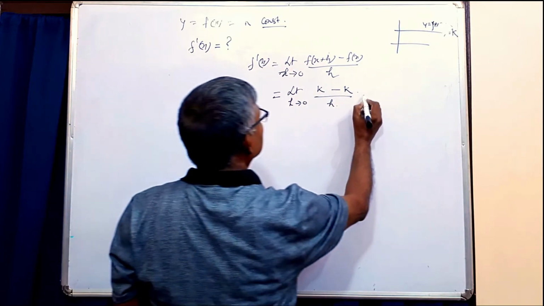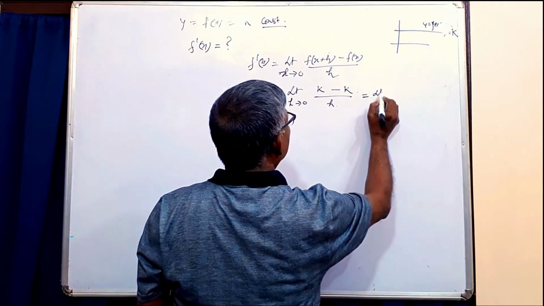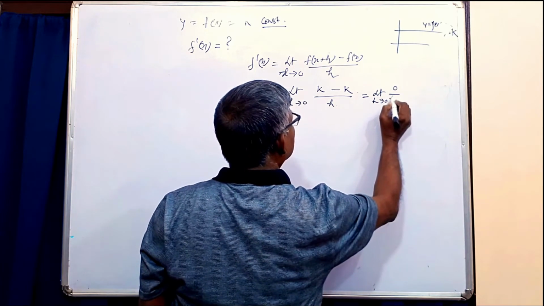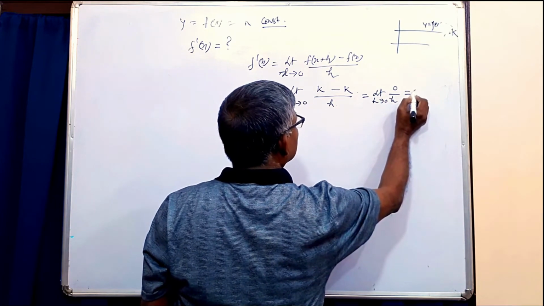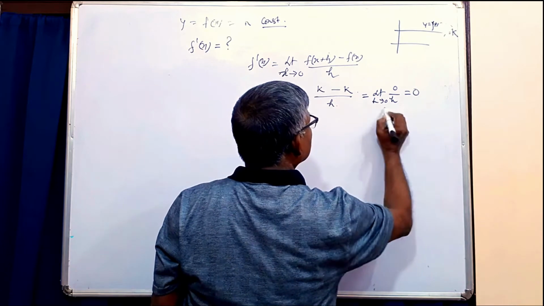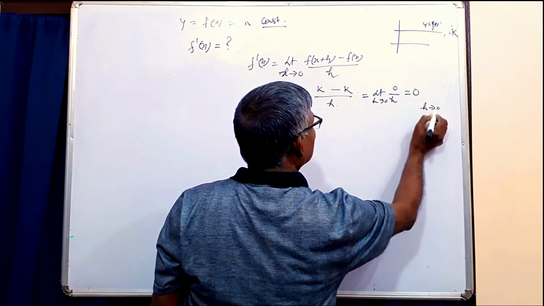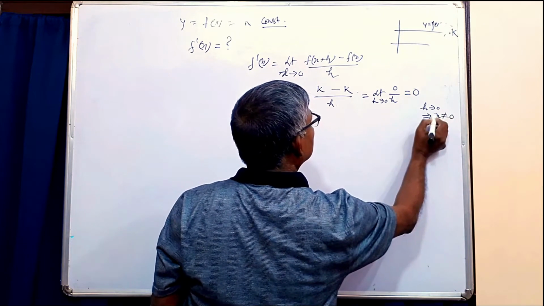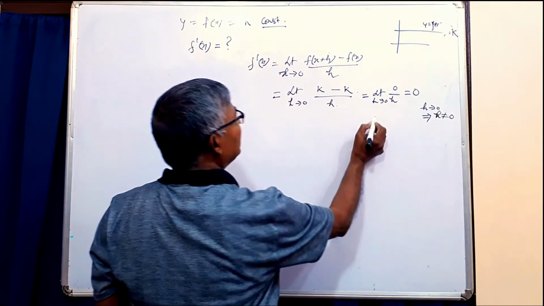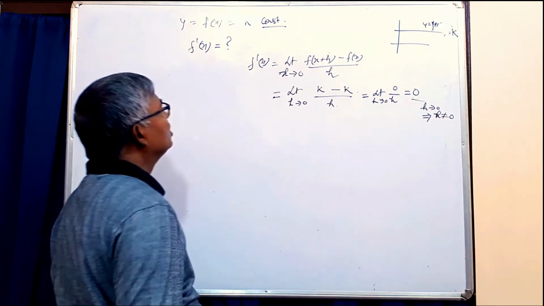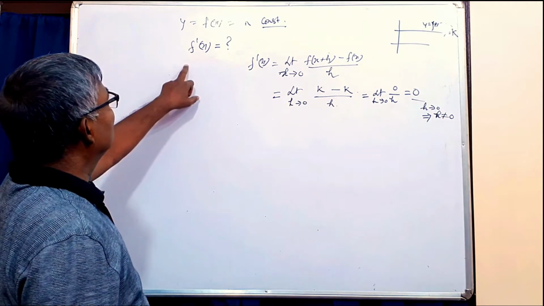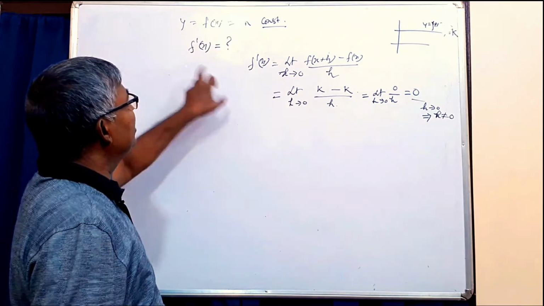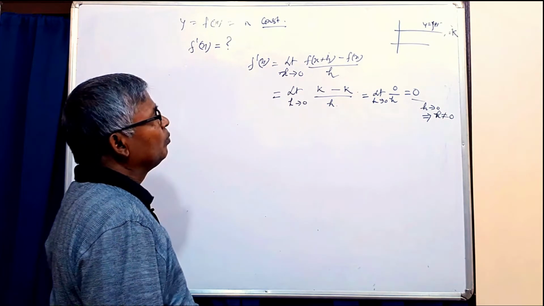So it will be limit h tends to 0 of 0 by h, that is 0, since h tends to 0 implies h is not equal to 0. So if the function is constant, the derivative of the function is 0.